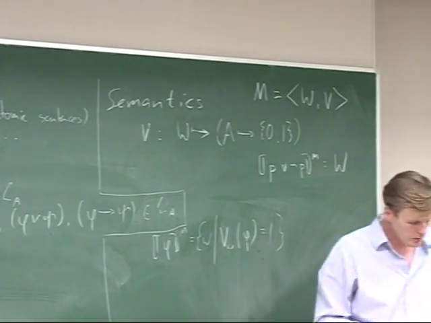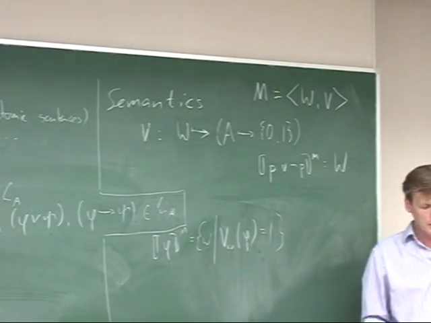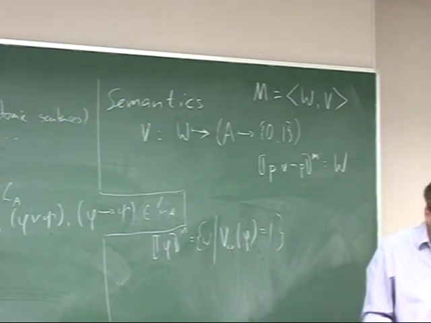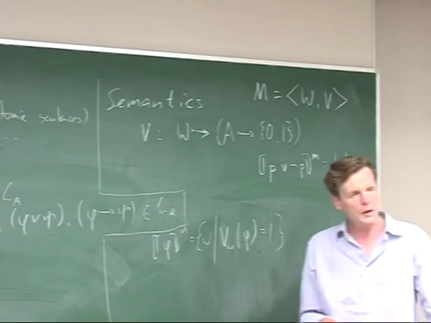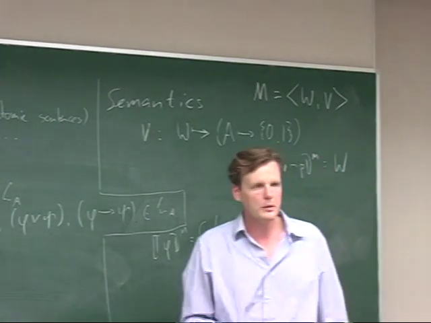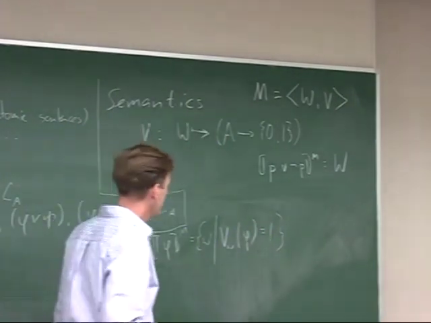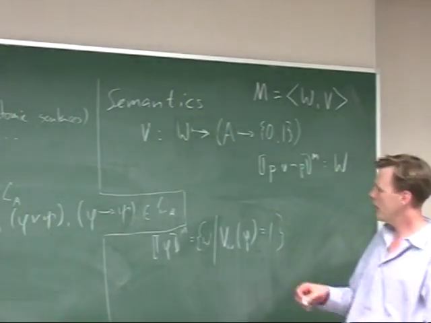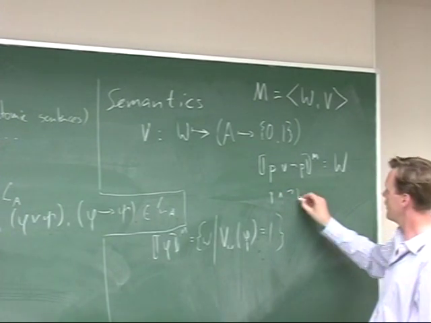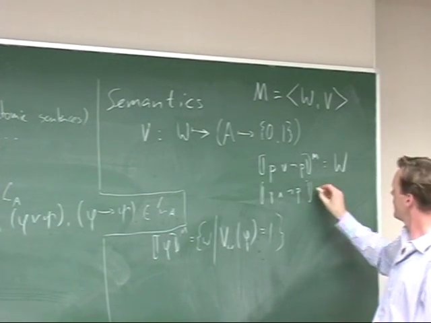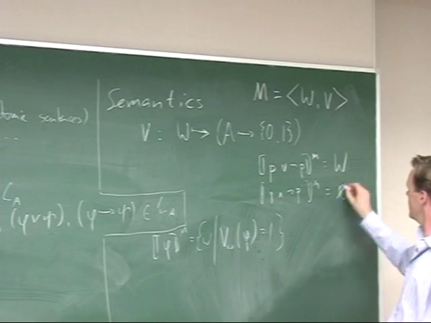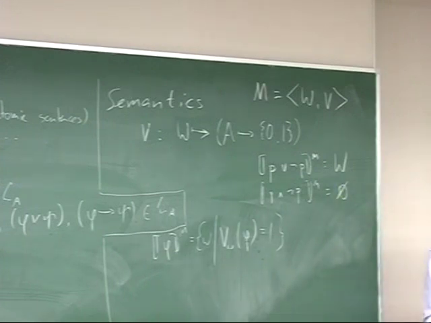Likewise, contradictions are just the opposite. Here I say, or in B, the denotation of phi is a subset of the empty set, which can only be the case if it is the empty set, right? So in the case of P and not P, that's a contradiction that denotes the empty set of possible worlds.